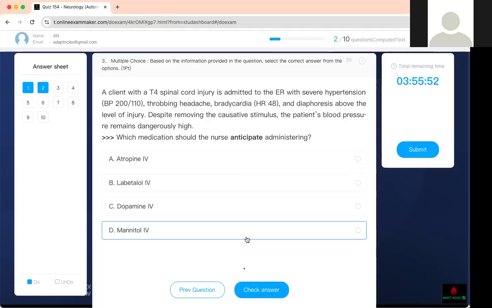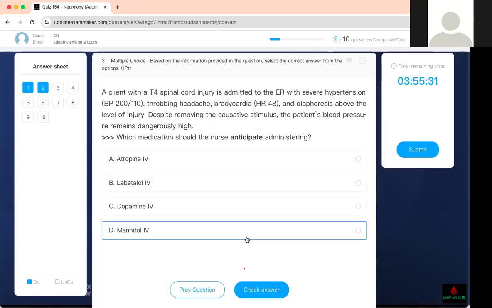Despite removing causative stimuli, the blood pressure remains high. That means you check the bladder, you check the rectum, you remove constrictive clothing, and you raise the patient's head up to decrease the hypertension.